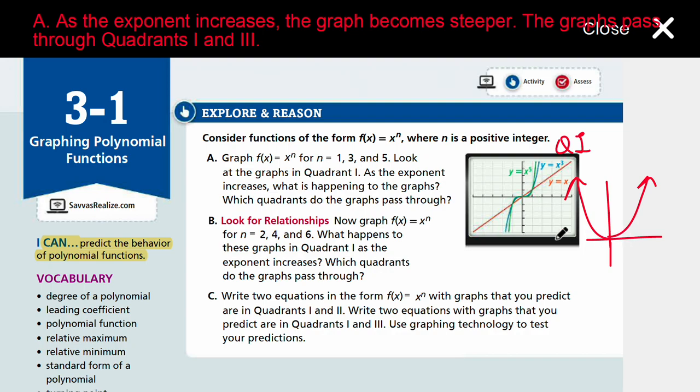And then if it's x to the 4th power, when x is 1, then y is going to be 1 as well. When x is 2, this is 4 for x squared. But then for x to the 4th, 2 to the 4th power would be 16, so then we have a steeper curve. And then when x is to the 6th power, it goes even steeper like that.